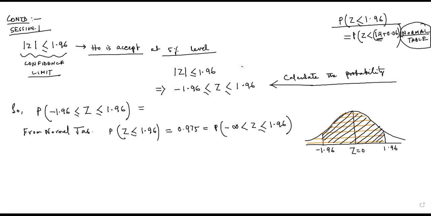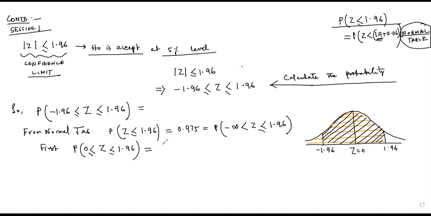So first of all, let me find the probability that Z lies between 0 and 1.96. Just look at the normal table.